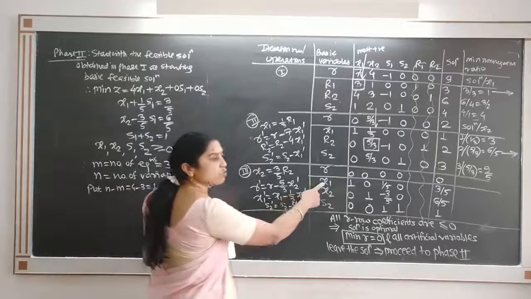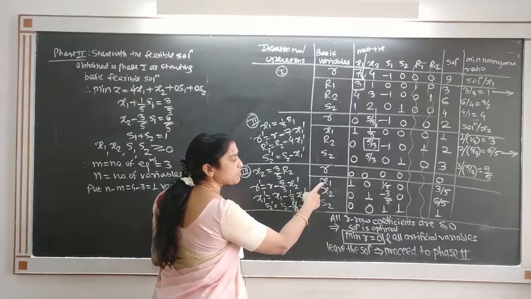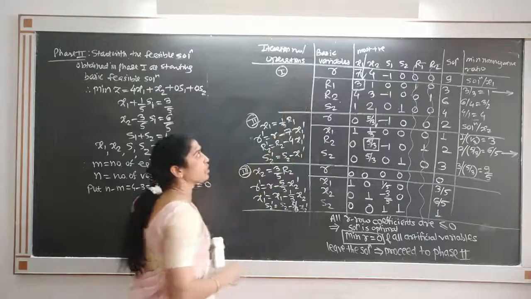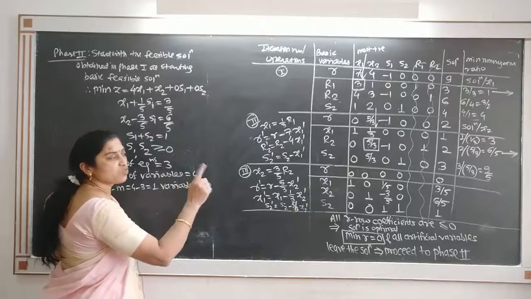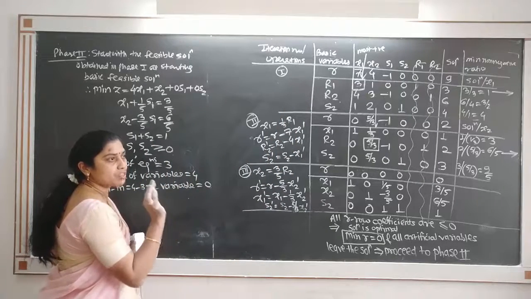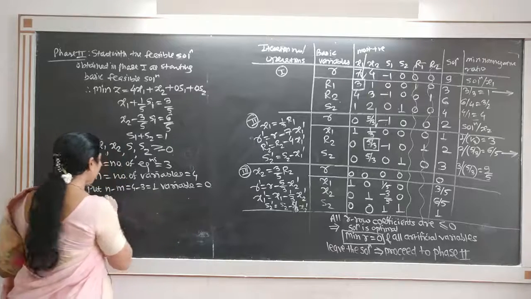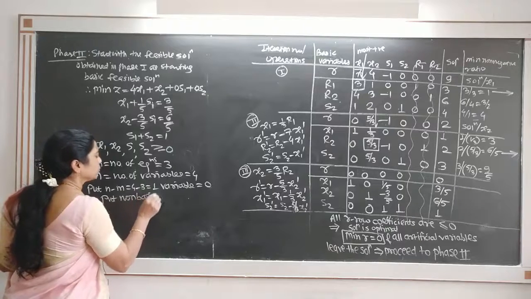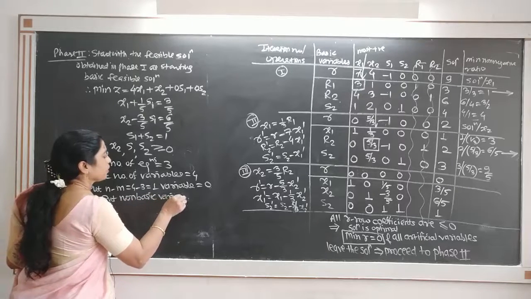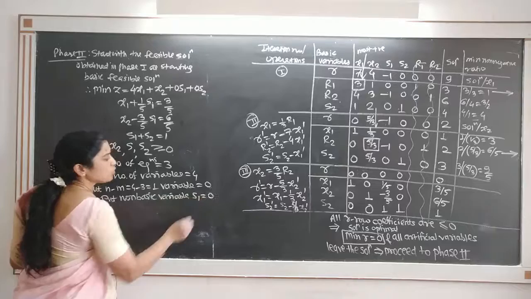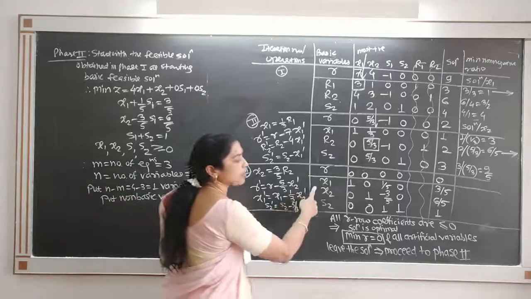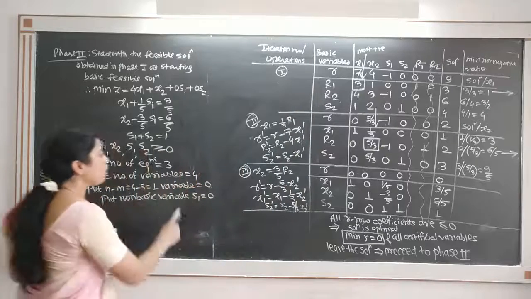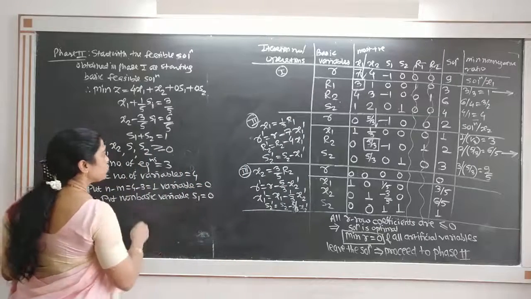See, in the last table of phase 1, basic variables are x1, x2, s2. Those are basic variables. So don't put x1, x2, s2 to be 0 because they are basic variables. So put the non-basic variable S1 equal to 0 because S1 does not appear in the basic variable column, which implies that it is a non-basic variable. So put S1 is equal to 0.